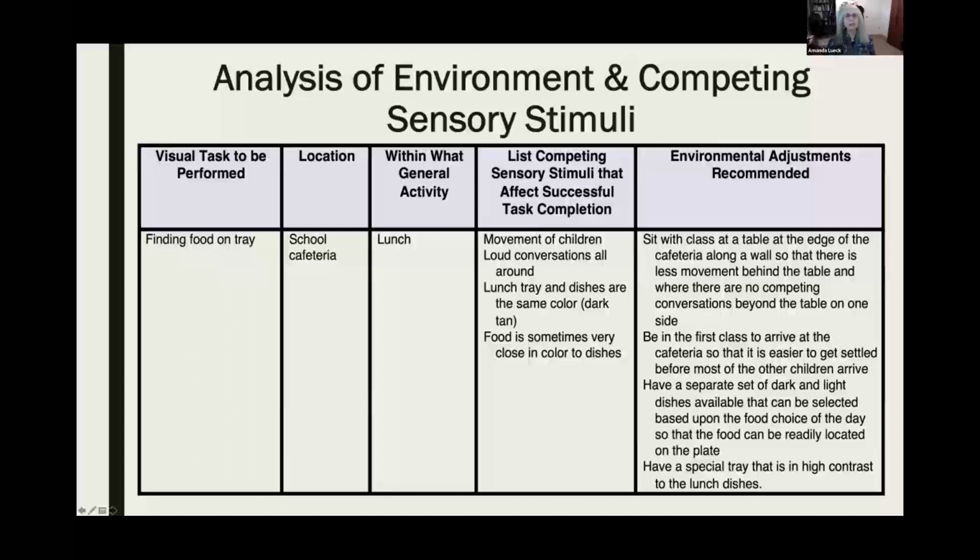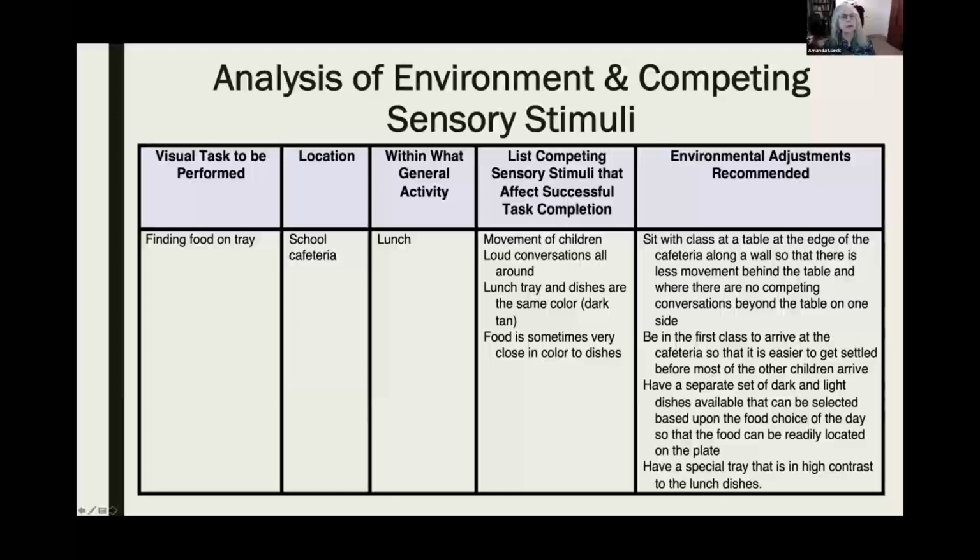Now, clearly you can't make up a list of this for every place that a child is going to be at any time during the school day. But if you keep this type of analysis in your head, you can make recommendations for how an environment can be accommodated.